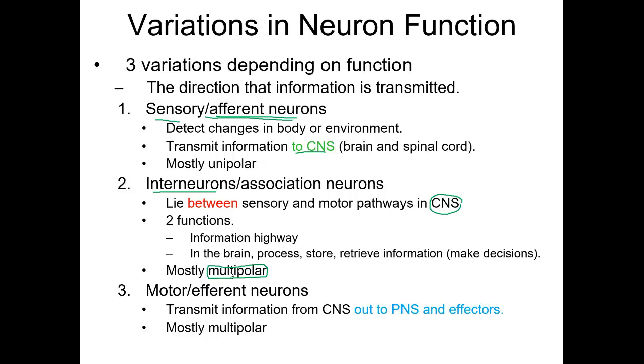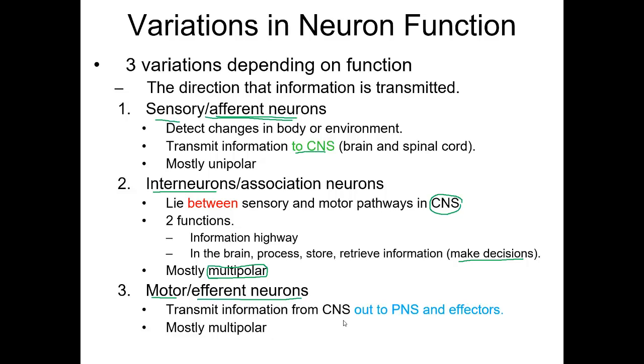Now, these neurons serve as information highways. They're in the brain, they process information, they integrate, they store, they retrieve information, and so they're supposed to make decisions as to what kind of response is meant to be sent out. So they're decision-making neurons. And then lastly, you have the motor neurons or the efferent neurons, which send out the efferent signal to the effector organ.